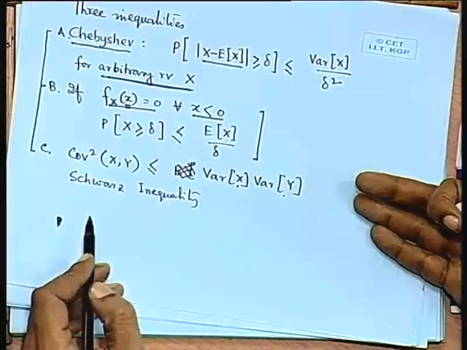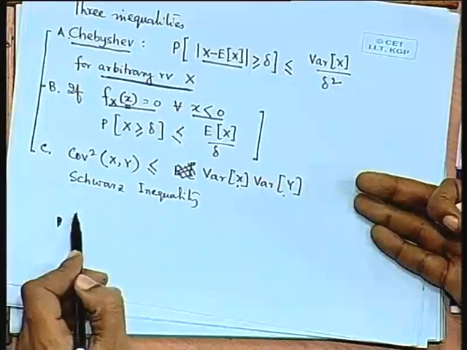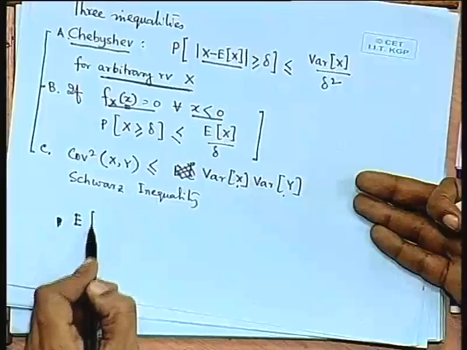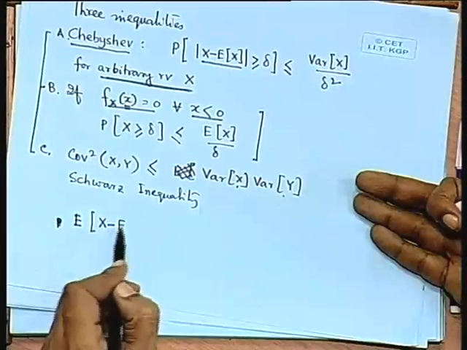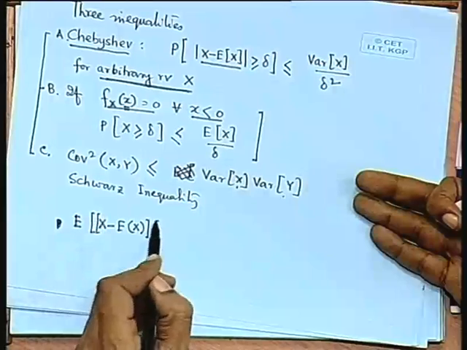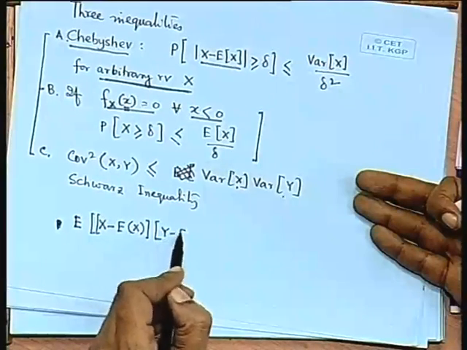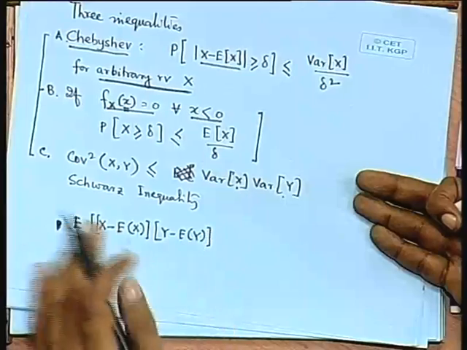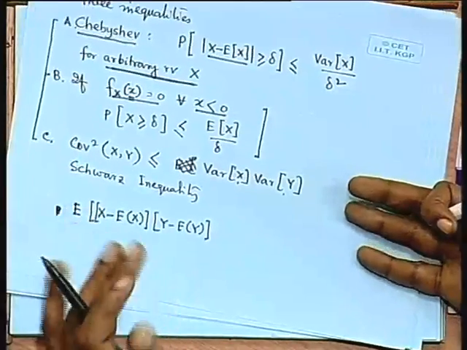For example, expectation of x minus expectation of x into y minus expectation of y. This is covariance, right.